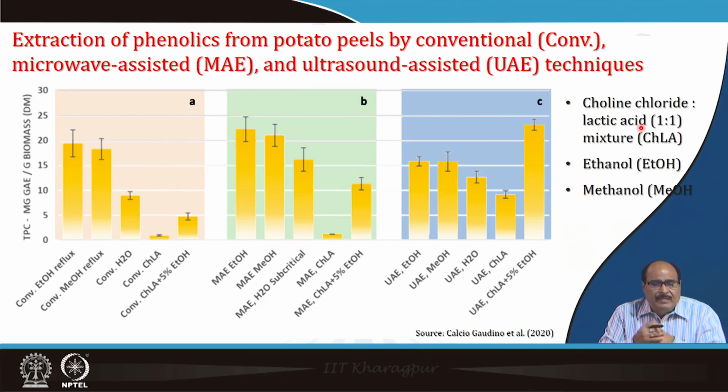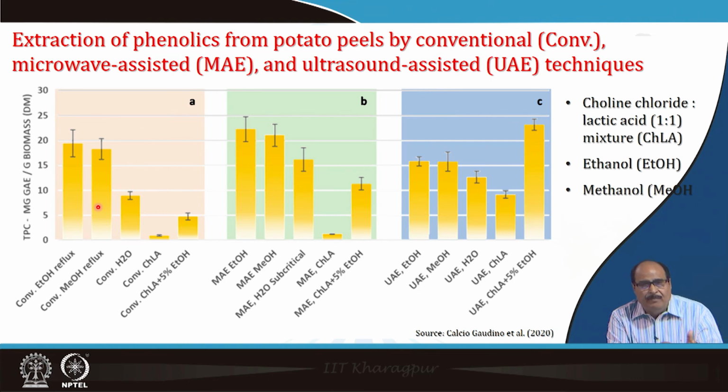So here is even the extraction of phenolics from potato peel by conventional, that is solvent extraction, and microwave assisted and ultrasound assisted methods, and a comparison is shown here. You can see a very interesting application with ultrasound and microwave assisted extraction. Particularly, you see the conventional solvent extraction, and the conventional plus 5% alcohol, is very low when only conventionally extracted.